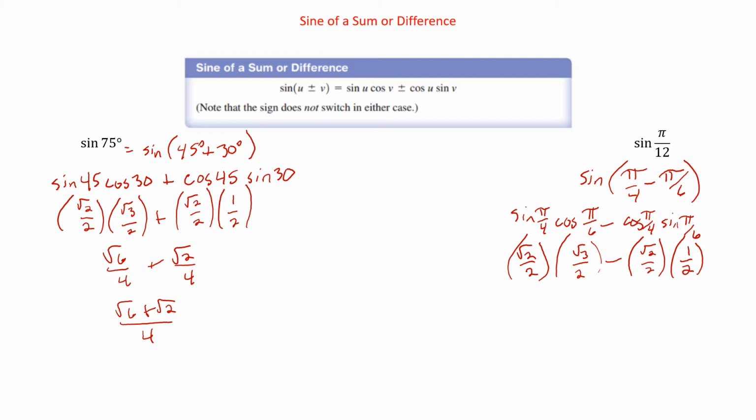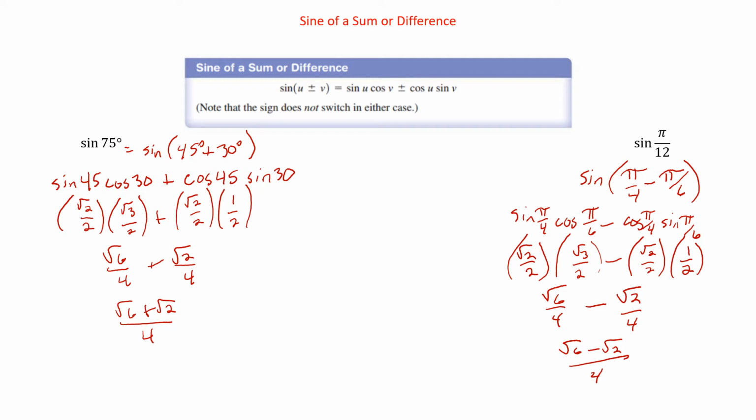And you might be thinking, wait, that's the same thing we just did for 75. This would be 15 degrees. Well, it is basically the same, but notice that we were subtracting now instead of adding. That's the difference. Remember, I said that these numbers are all going to end up being the same. We have root 6 over 4 minus root 2 over 4, which is root 6 minus root 2 over 4.